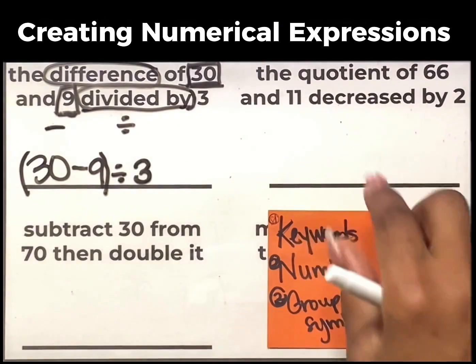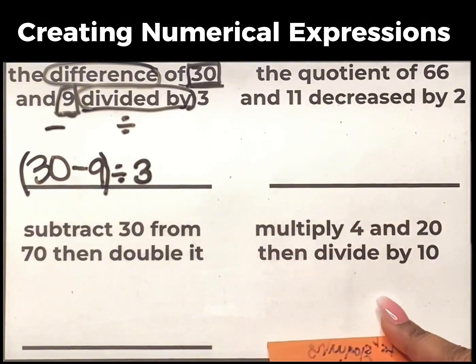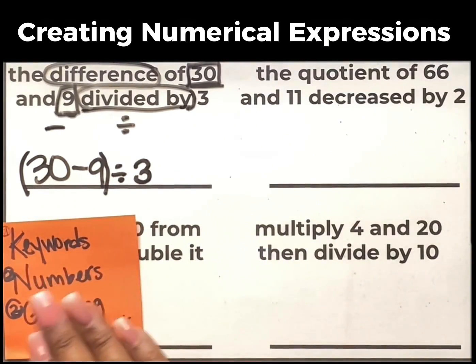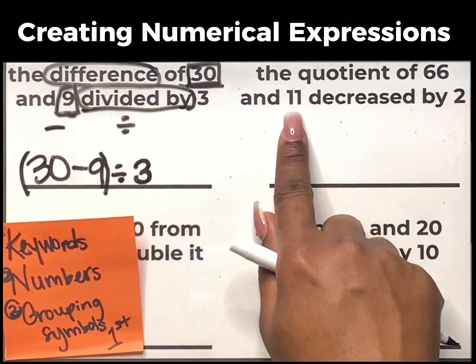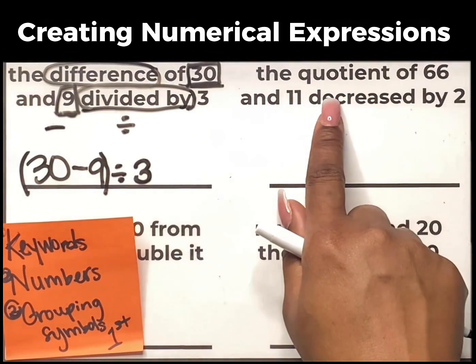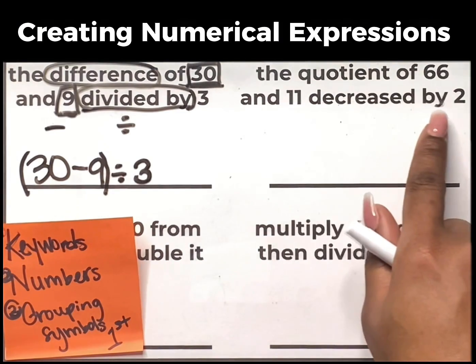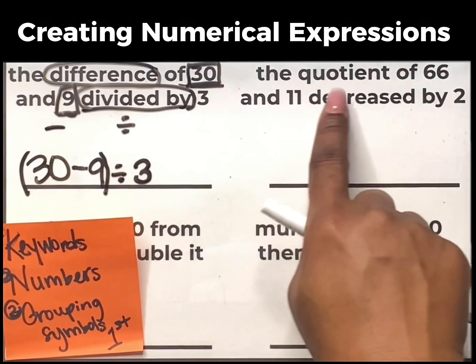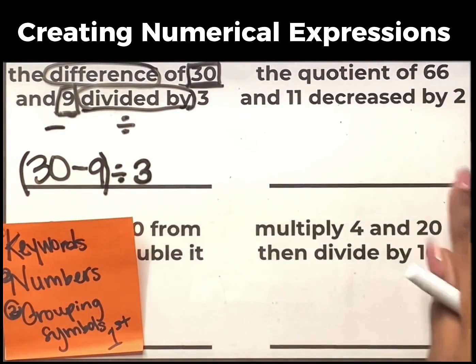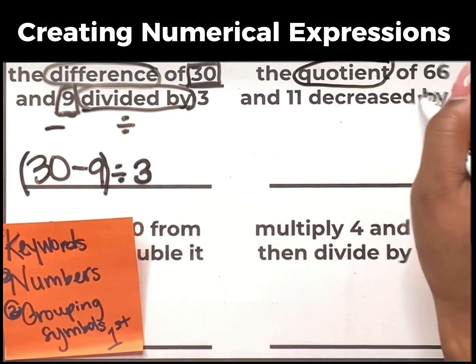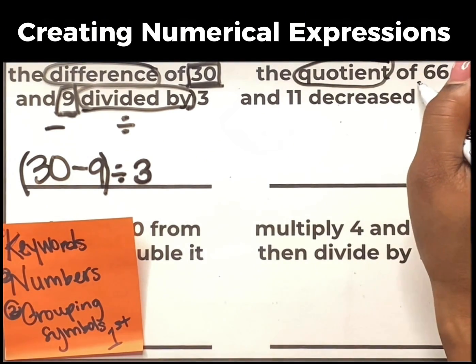All right, number 2. The quotient of 66 and 11 decreased by 2. Let's read it again. The quotient of 66 and 11 decreased by 2. Let's circle keywords. Hopefully you notice quotient. And let's look at this.